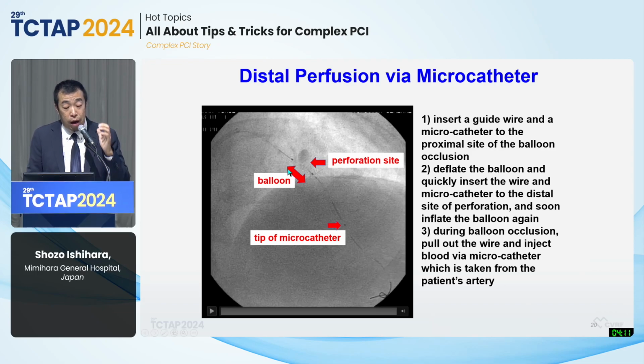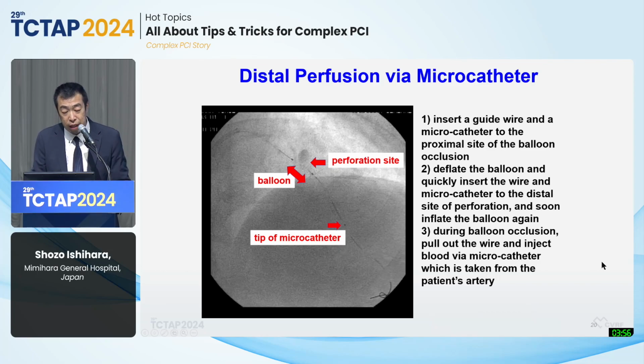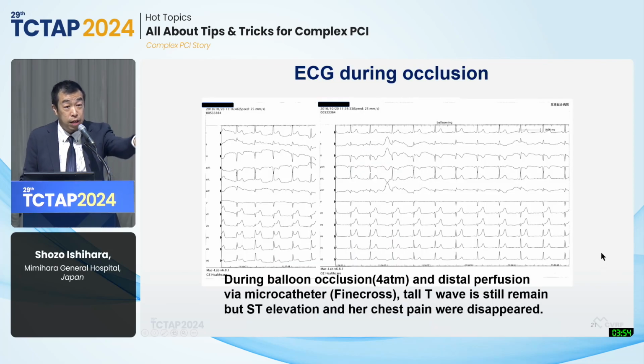So our technique is to put a microcatheter beside the balloon catheter, and during the balloon inflation, we give the patient arterial blood via this microcatheter. This is the microcatheter distal perfusion technique.